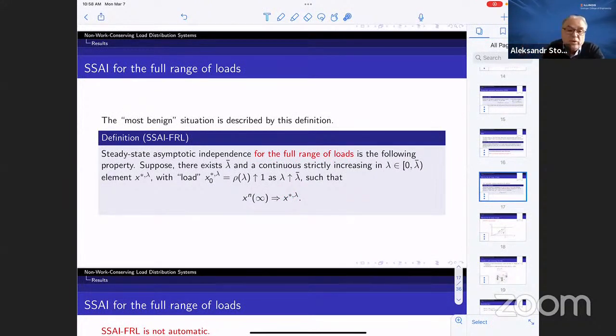And the most benign situation is when, as your lambda approaches this boundary lambda bar, your load actually approaches 1. We will call it the Ansatz for the full range of loads. This is the most natural thing you would expect.